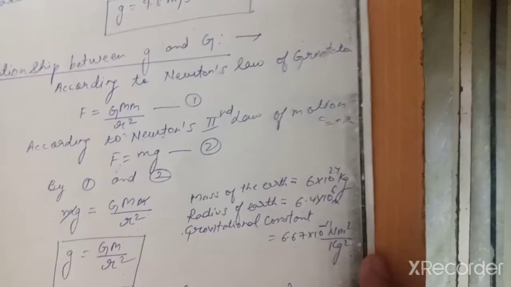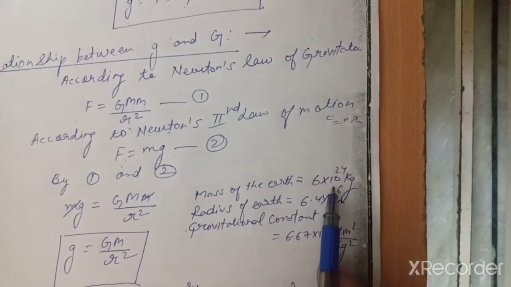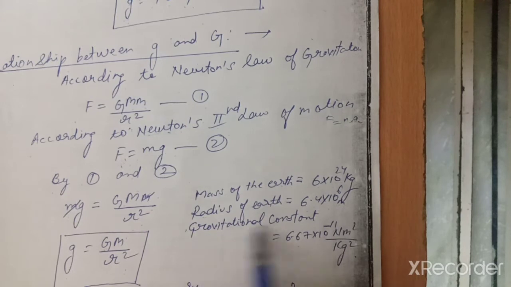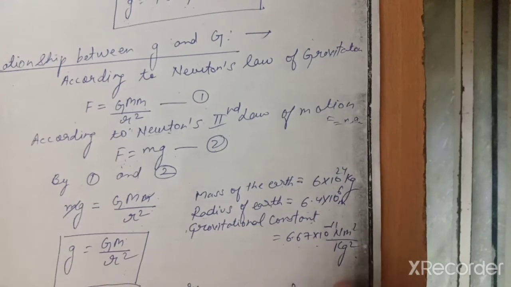Now we have to consider the values. The mass of the earth, capital M, is 6 into 10 to the power 24 kg. The radius of the earth is 6.4 into 10 to the power 6 meter, and the gravitational constant, we know, is 6.67 into 10 to the power minus 11 Newton meter square upon kg square.